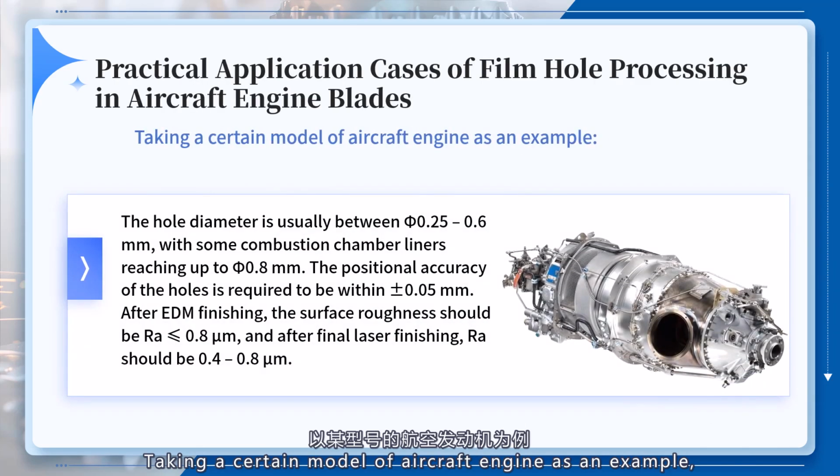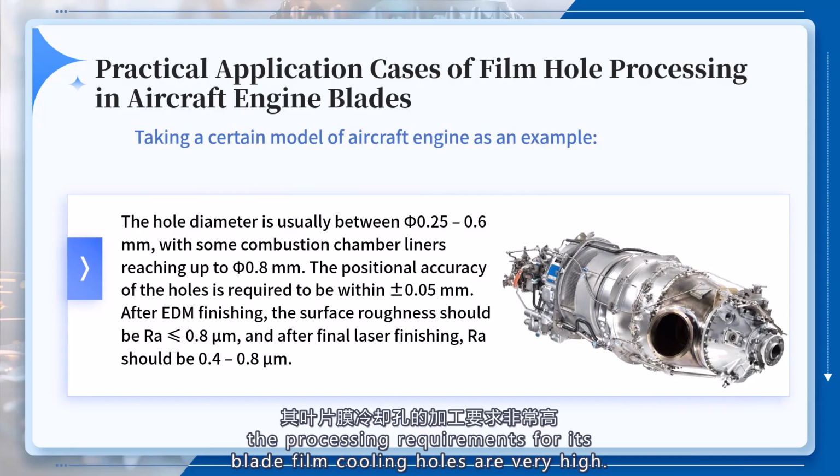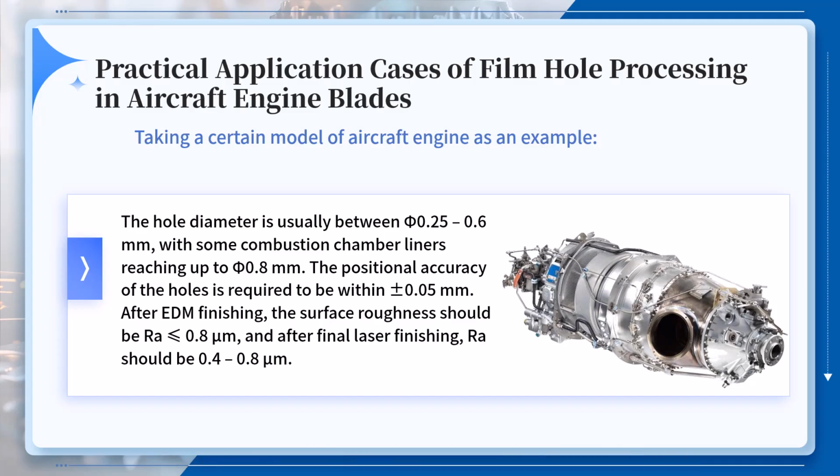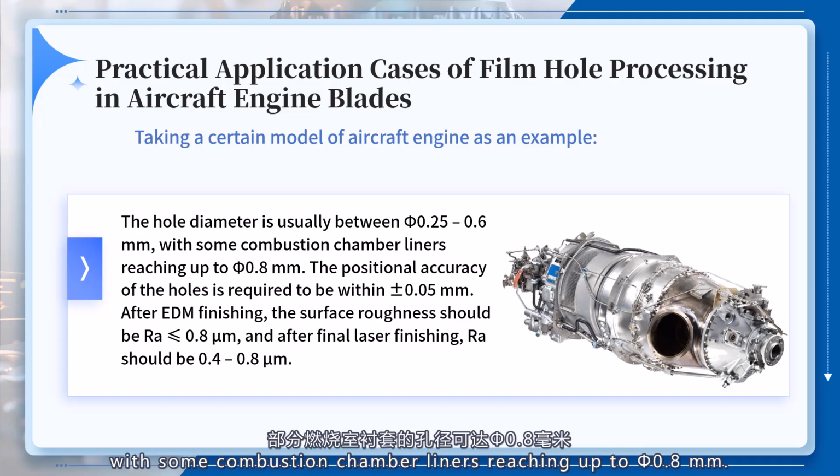Taking a certain model of aircraft engine as an example, the processing requirements for its blade film cooling holes are very high. The hole diameter is usually between 0.25 and 0.6 mm, with some combustion chamber liners reaching up to 0.8 mm.